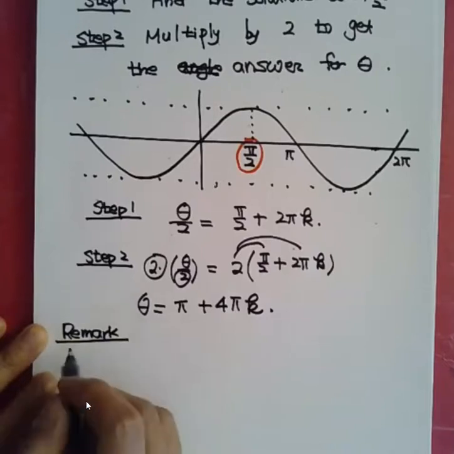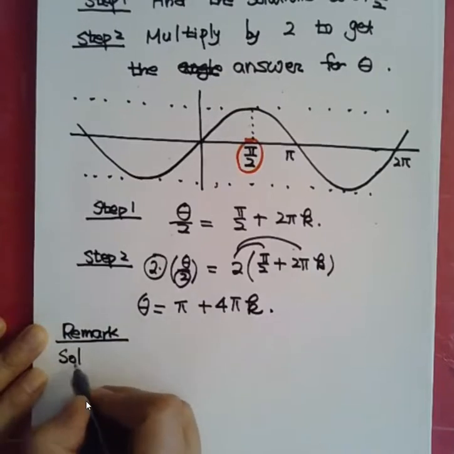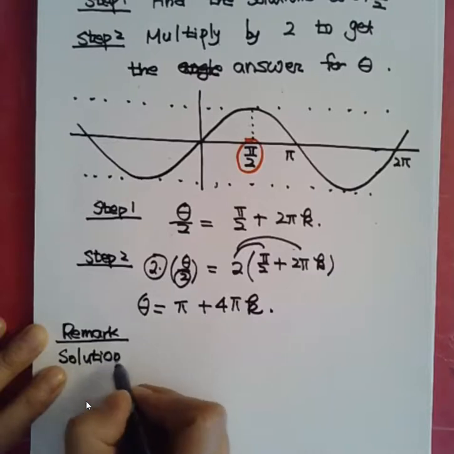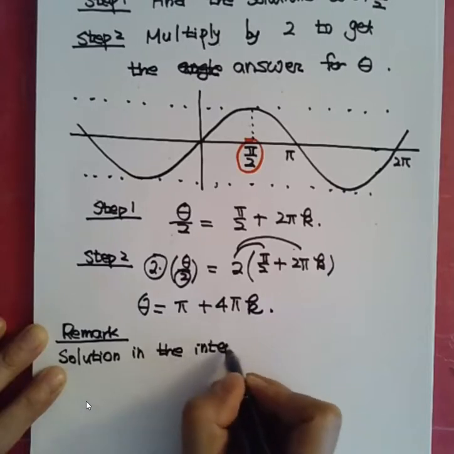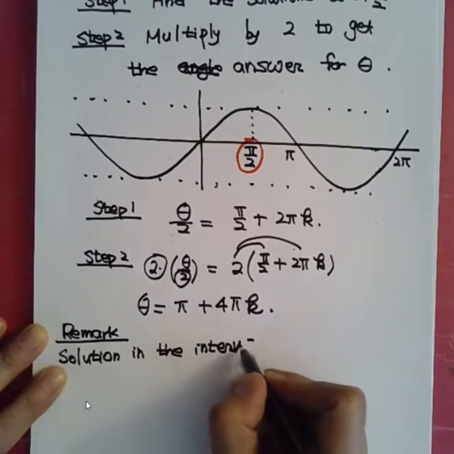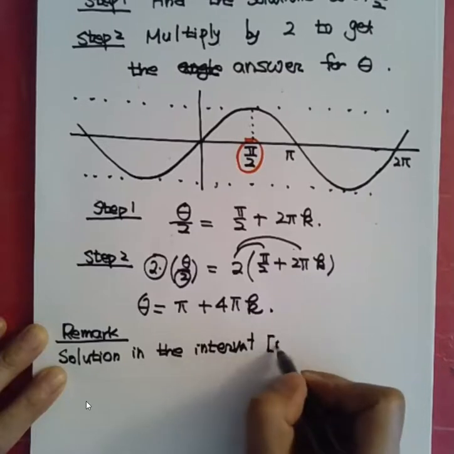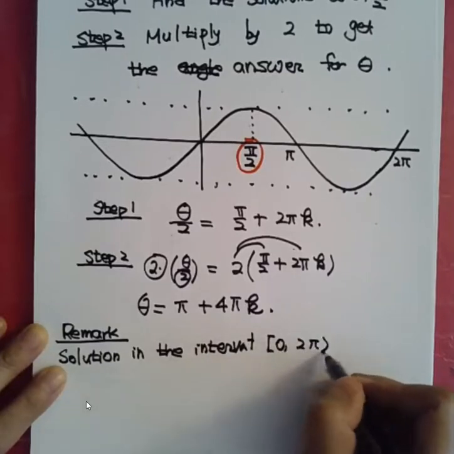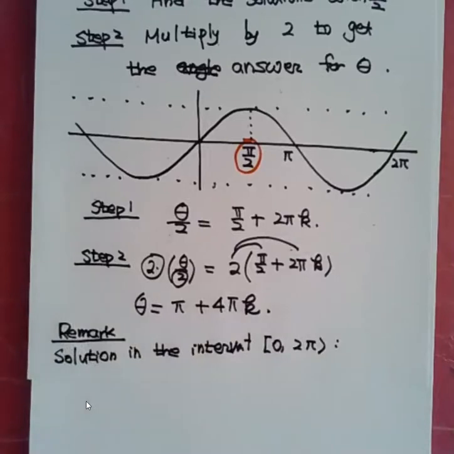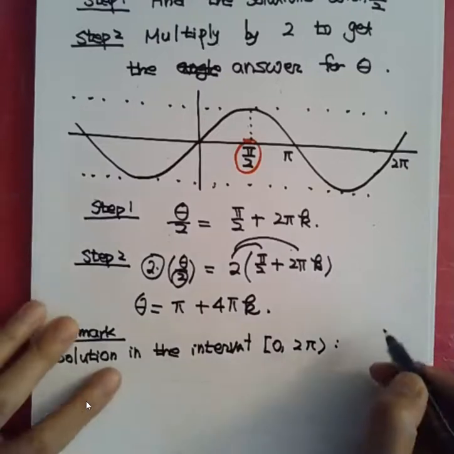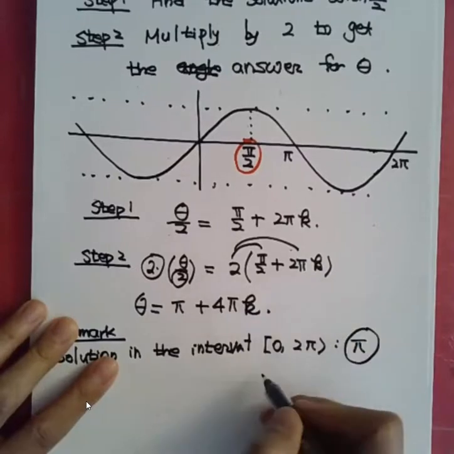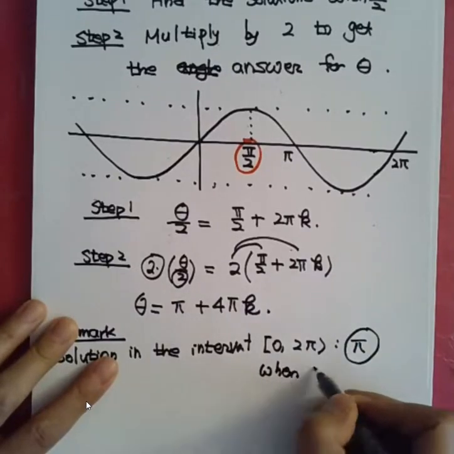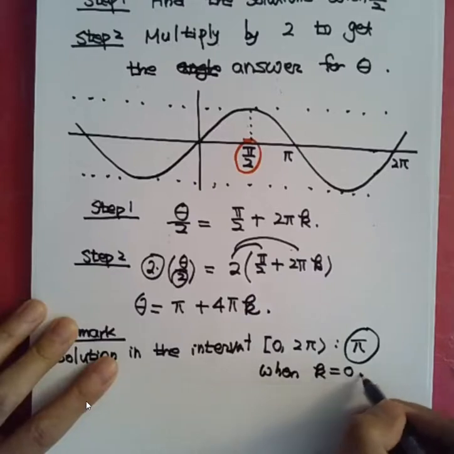If your question asks you about the solution in the interval 0 and 2 pi, then there will be only one answer, that is pi, when k equals 0.